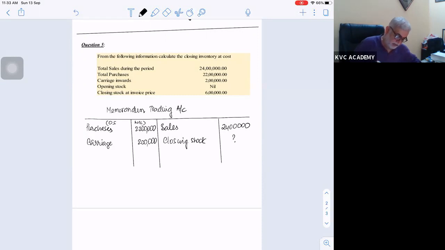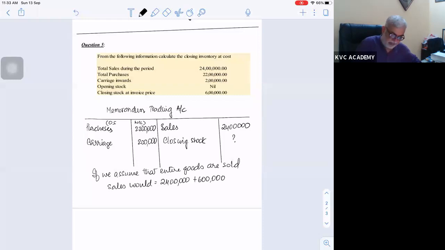Okay. Now, if we assume that entire goods are sold, okay, sales would be how much? You already made a sales of 24 lakhs, and if I had sold that goods of 6 lakhs at cost at the sales price, the entire sales would be 30 lakhs.